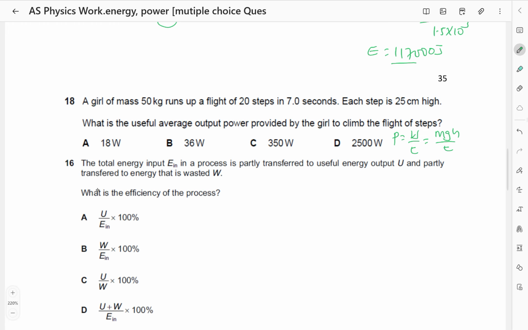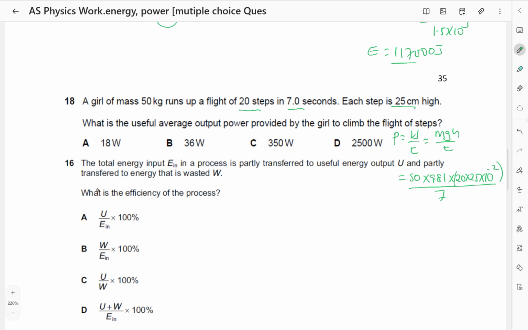So I'll just substitute. The power will be equal to the mass, 50 kilograms, times g, which is 9.81. Then height, or the distance. We have 20 steps, each of 25 centimeters. So I'll say 20 times 25 times 10 power negative 2 to change the distance or the height into meters. Then divide by the time, 7 seconds.